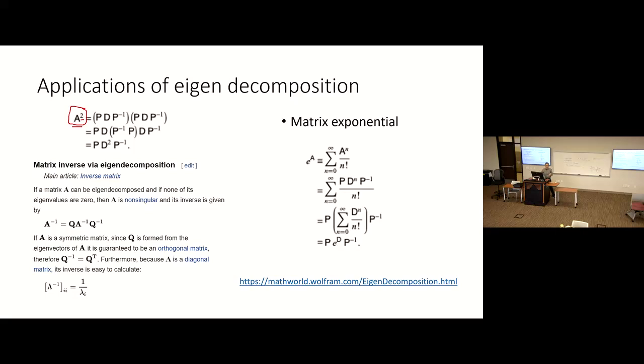becomes much more expensive. In that case, you want to first decompose A, using eigendecomposition, into P D P inverse. You only compute once. So once you have this, once you do this squared, you can just multiply this 3 by itself.